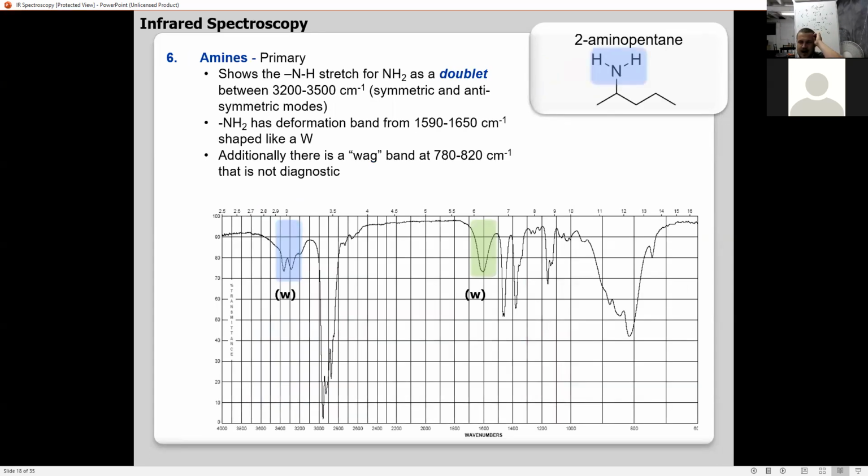So amines, again, we've got a peak on the far left. So we've got what we call the doublet.